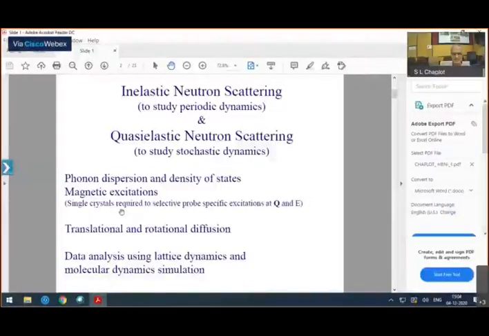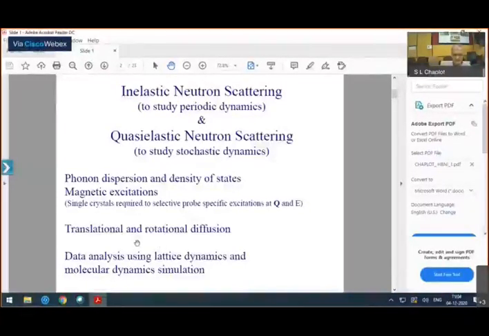I may just add that if you want to look at specific excitations at a specific wave vector or specific energy, that is, a certain point in a phonon dispersion relation, then you need a single crystal, because you can define a wave vector only when you have a single crystal. With a powder or polycrystalline sample, the direction gets averaged, and you get some average properties like the density of states.